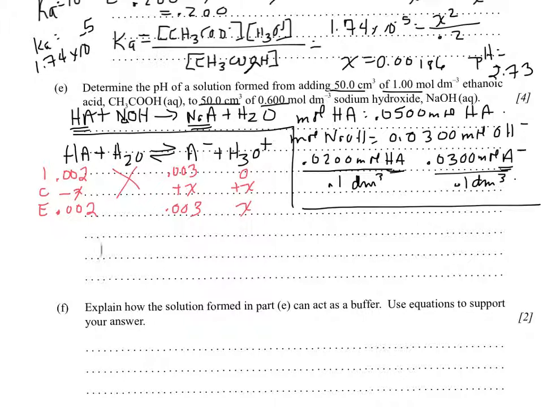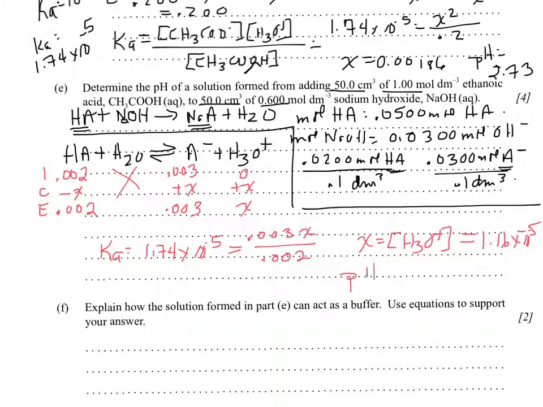Again, setting up Ka. Ka is 1.74 times 10 to the negative fifth, found from the previous problem. That's going to be the products times each other over the reactants. So X, which is equal to the hydronium concentration, is going to be equal to 1.74 times 10 to the negative fifth times 2 over 3, which is 1.16 times 10 to the negative fifth.